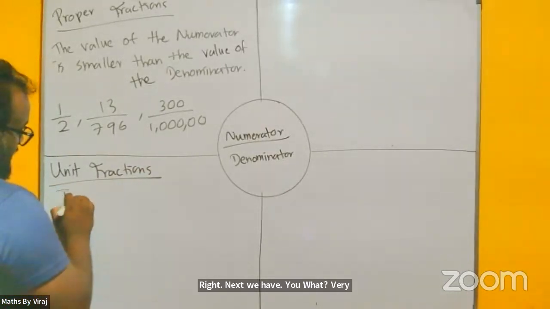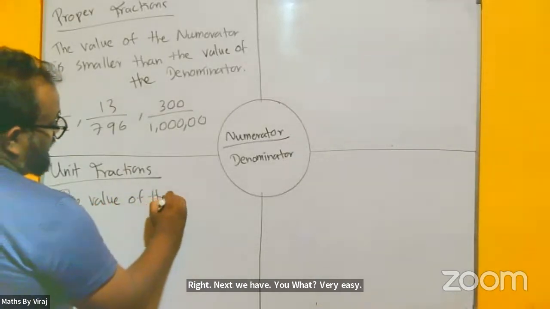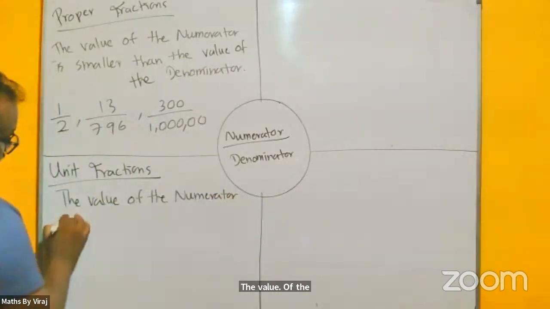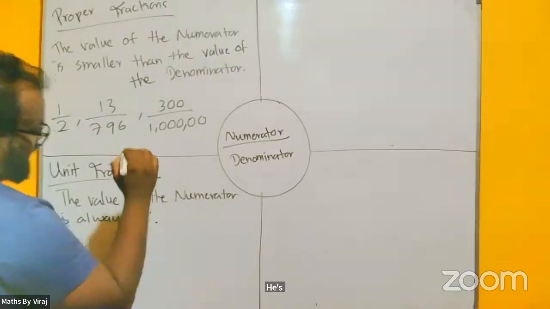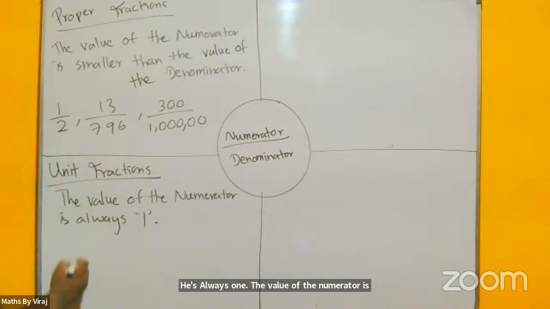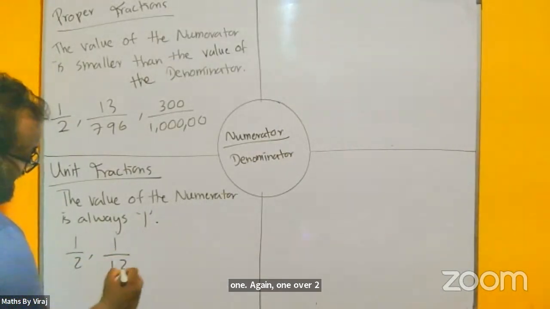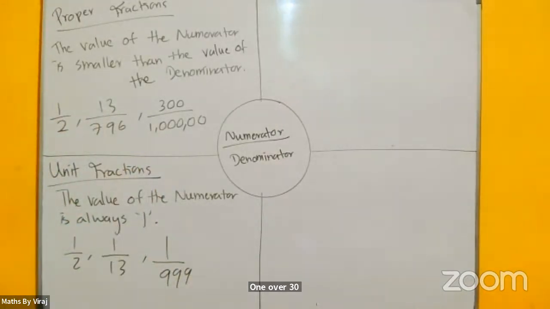What are unit fractions, children? Very easy. The value of the numerator is always 1. The value of the numerator is always 1. Again, 1 over 2, 1 over 13, 1 over 999, whatever it is.